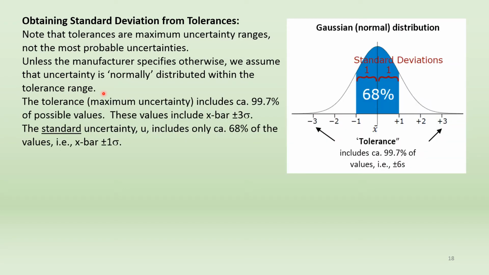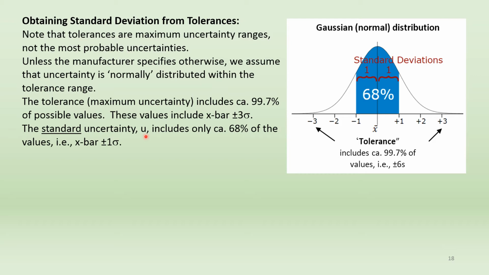So the tolerance, remember, is the maximum uncertainty. It will include 99.7% of all the possible values, and this is x bar plus or minus 3 standard deviations. Whereas the standard uncertainty, the letter symbol for that is u for uncertainty, not to be confused with mu for population mean.